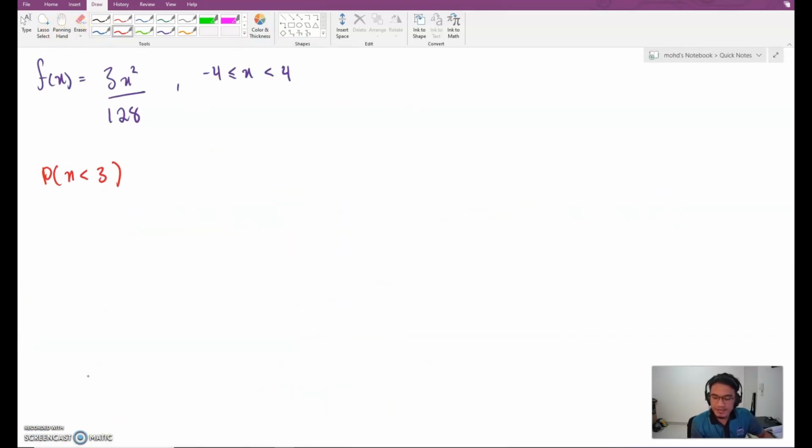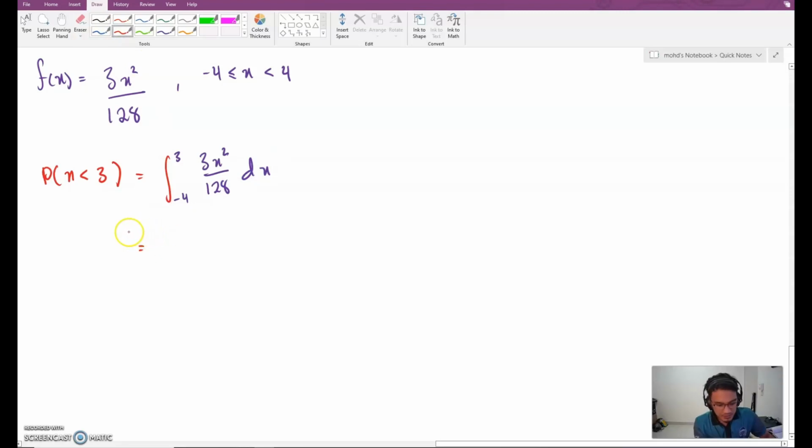Next we want to find the probability where x is less than 3 from the previous function. This will be equal to the integral. Since we want less than 3, 3 is the maximum, and the lowest one will be negative 4. So 3x squared over 128 dx.